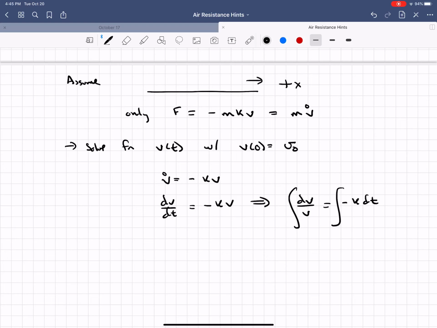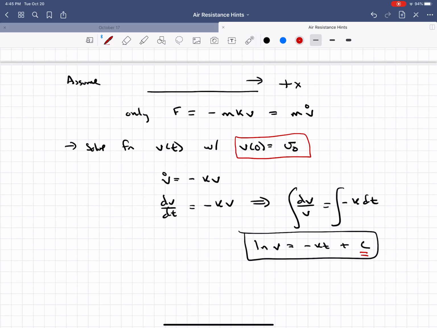When I integrate both sides, I have the natural log of the velocity is minus kt plus some constant. So here I've remembered to add my constant of integration, and that's important because I'm going to fix my constant of integration using my boundary condition.